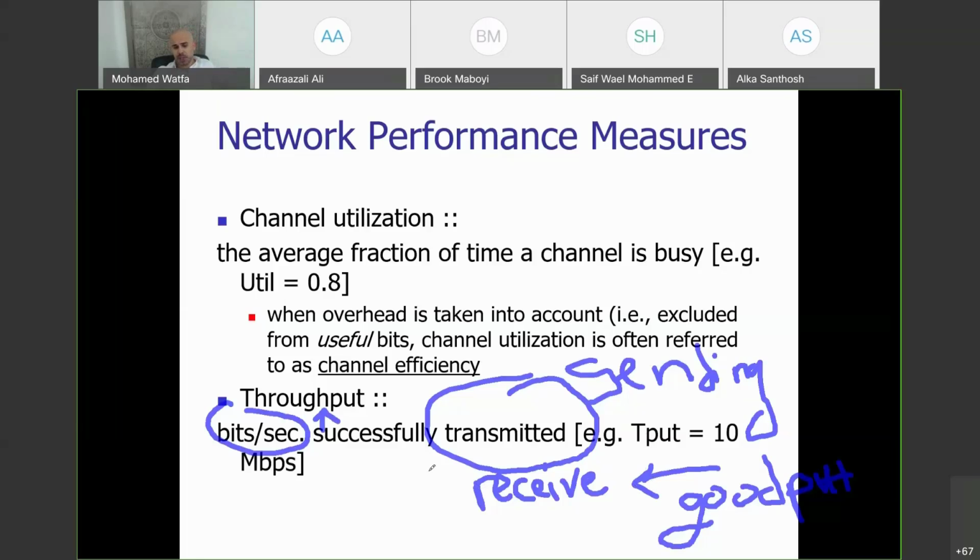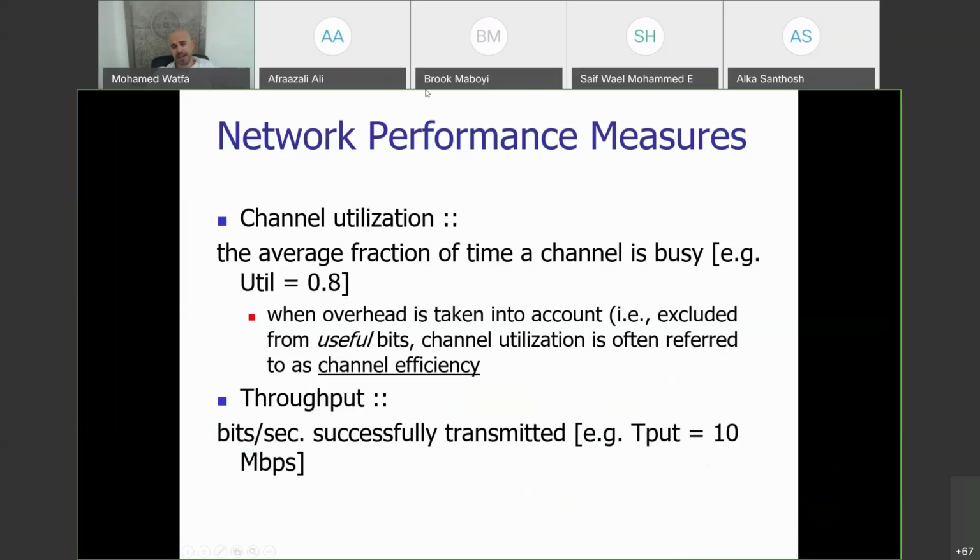Okay, guys? So Fatima asked me, can I repeat this? I'm going to repeat it really quick. You could watch the video again, Fatima, but I'm going to repeat it really quick. One more time. When I'm sending a message, I have the useful bits. This is what I'm sending. And then I have also overhead. Again, the overhead is basically the extra information that we are sending.